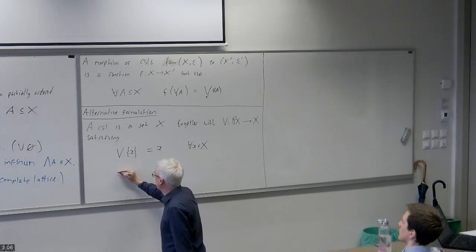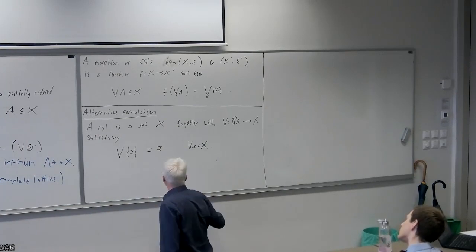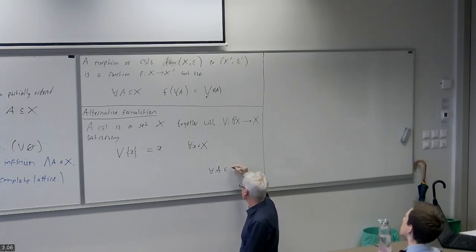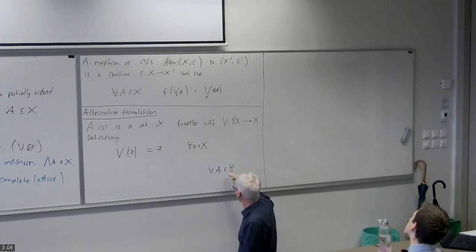We're going to say for all curly A, this is a family of subsets of X. So a family of subsets of X is a subset of the power set of X.